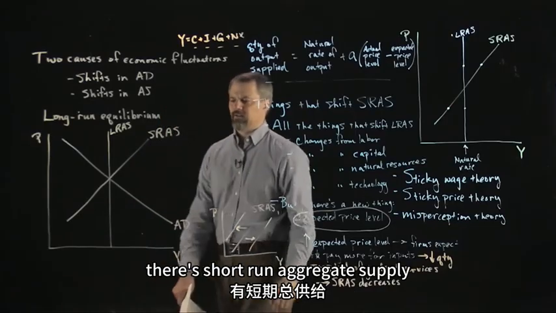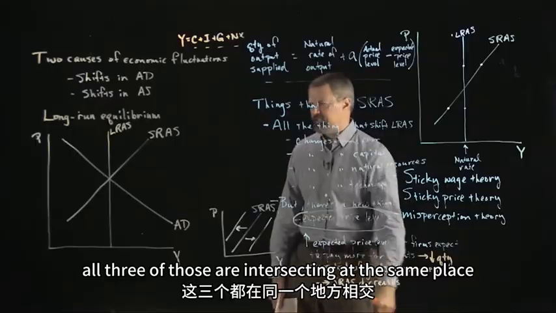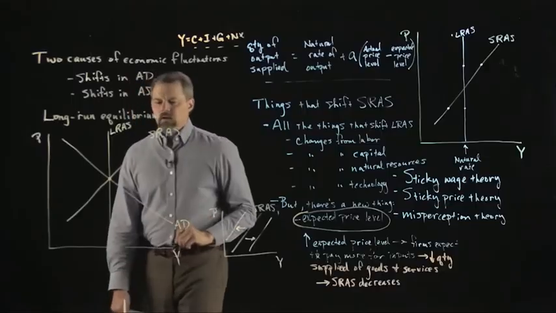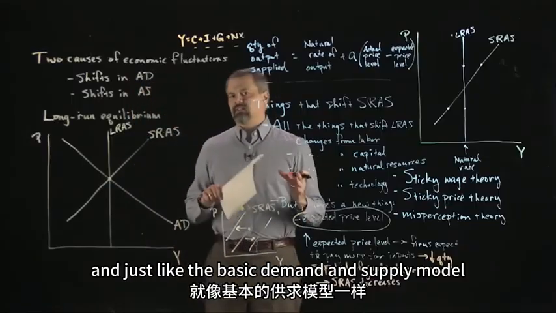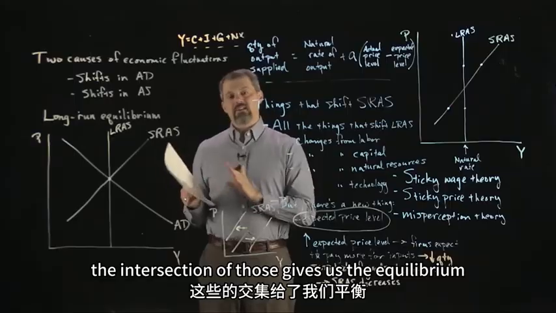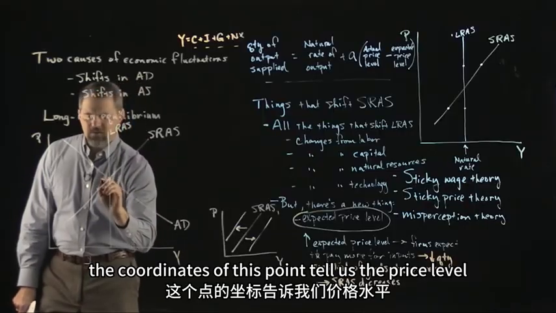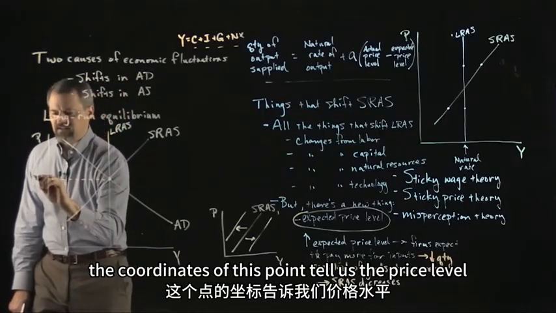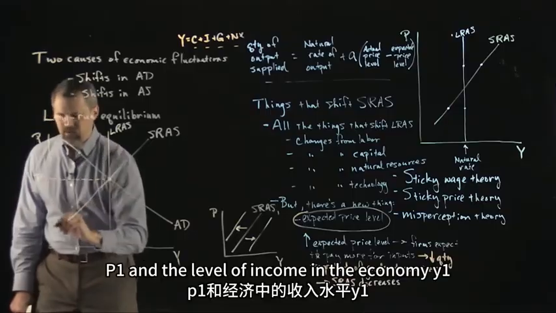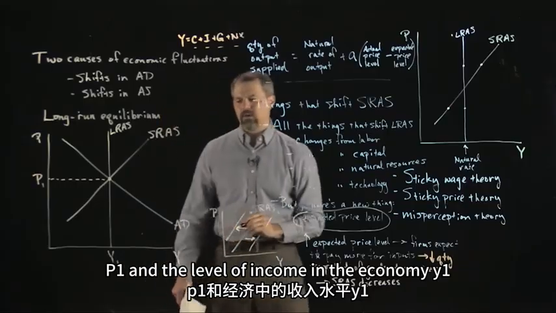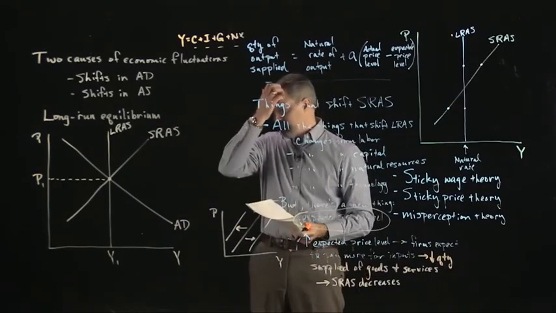All three of those are intersecting at the same place. And just like the basic demand and supply model, the intersection gives us the equilibrium. So the coordinates of this point tell us the price level, we'll call it P1, and the level of income in the economy, Y1. That's the level of GDP.